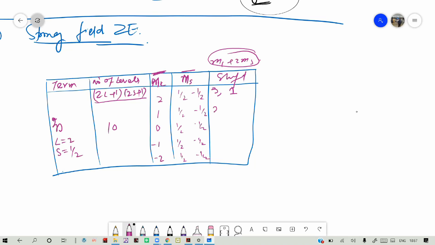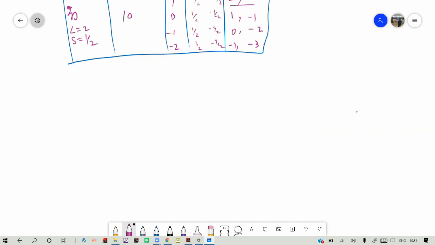In this case it will be 2 and 0. In this case 1 and minus 1. It is 0 and minus 2. It is minus 1 and minus 3. So anywhere you find the same ML plus 2MS value, those levels will be degenerate. Let us see how to draw them.